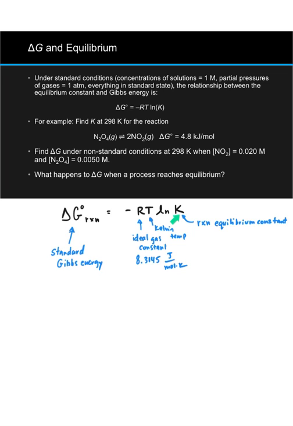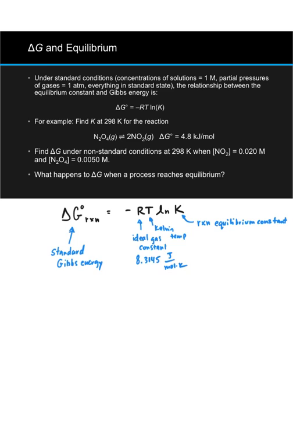When K is less than 1, the natural log of that small number is negative. Negative of a negative is positive, and the standard Gibbs energy switches to a positive value, suggesting that a reaction is non-spontaneous in the forward direction.